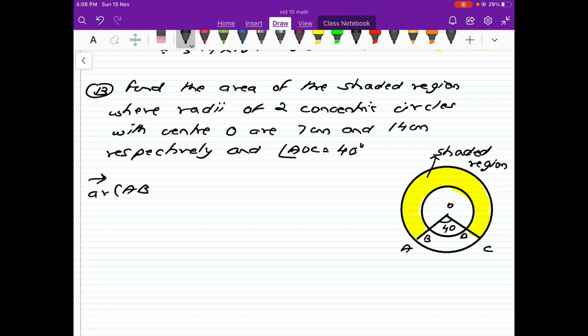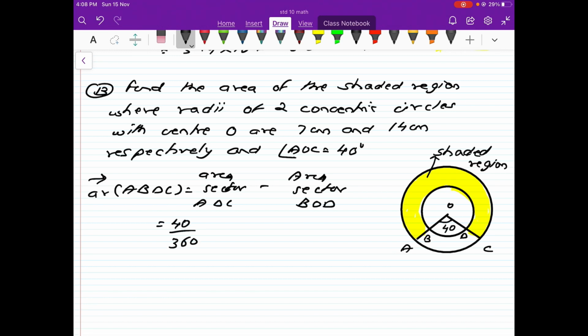Area of the region ABDC is equal to area of sector ADC minus area of sector BOD. So we will put everything common: 40 upon 360 into pi into r square minus r square, 14 square minus 7 square.